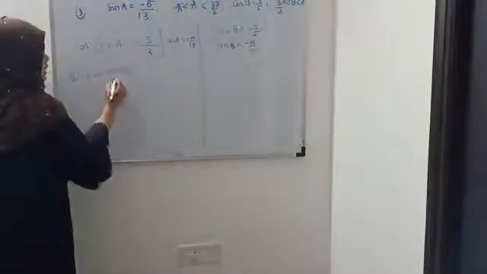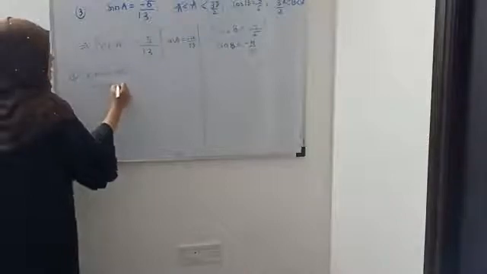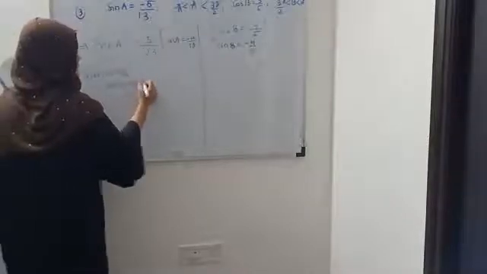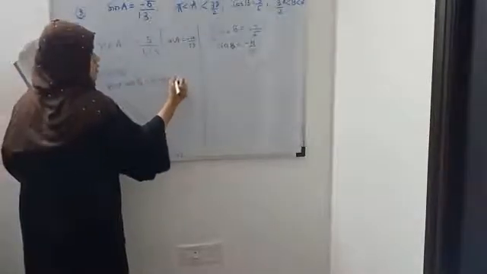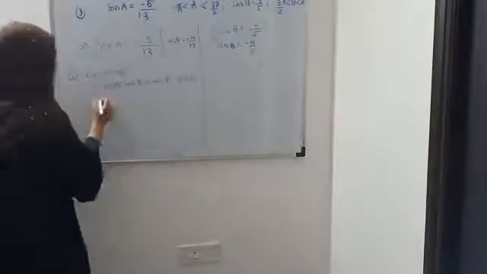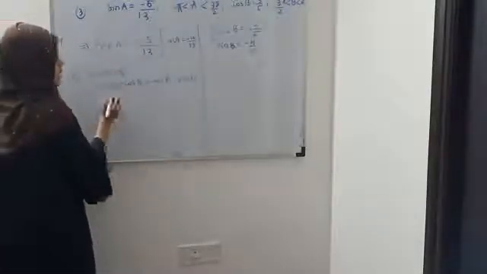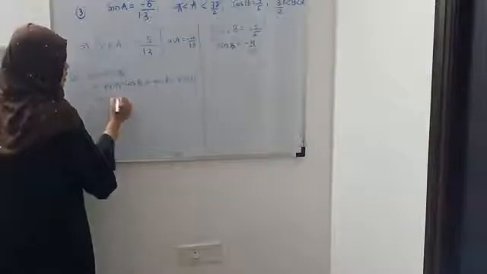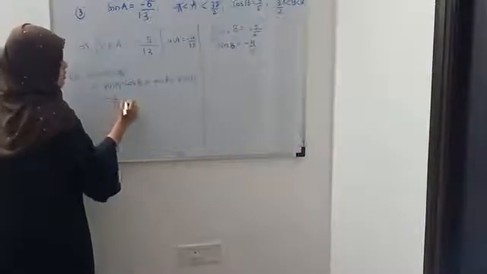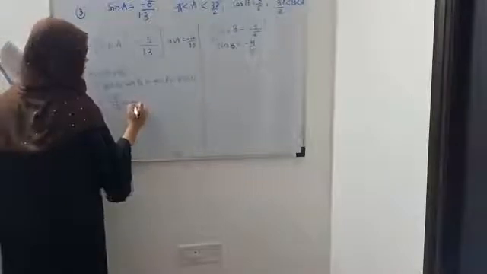The formula of sin (A plus B) is sin A into cos B plus cos A into sin B, right? So substitute the value of sin A. Sin A is equal to minus 5 upon 13. Cos B is equal to 3 upon 5.